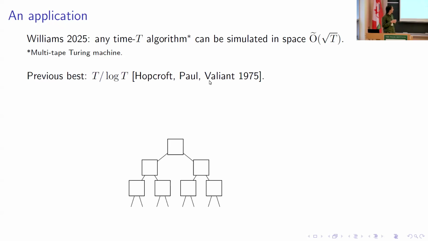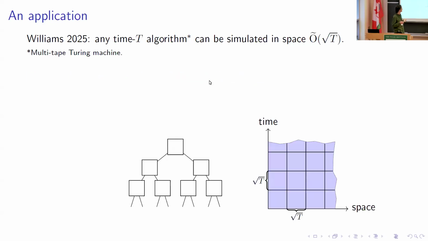And the idea behind both of these results is to think of the computation of the Turing machine as a tree, where the nodes of the tree correspond to certain pieces of the computation. So Ryan's idea was to divide the space used by the machine and also the time used by the machine into blocks of size square root t.